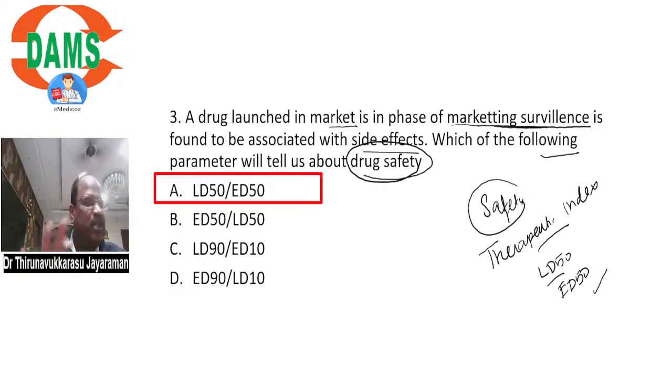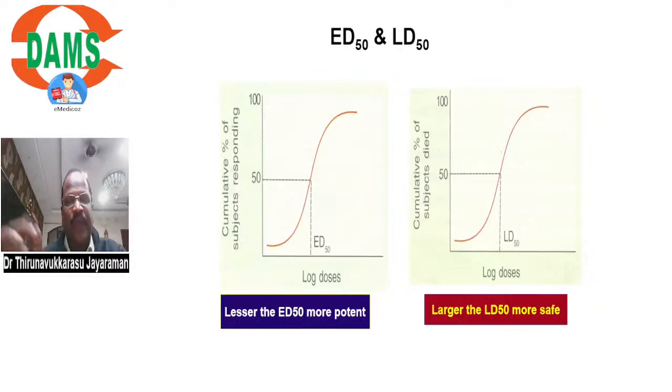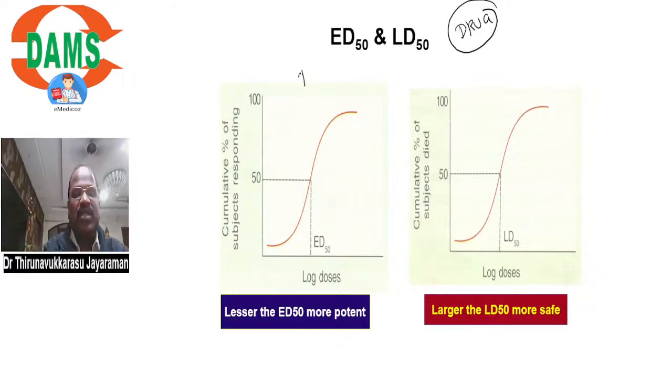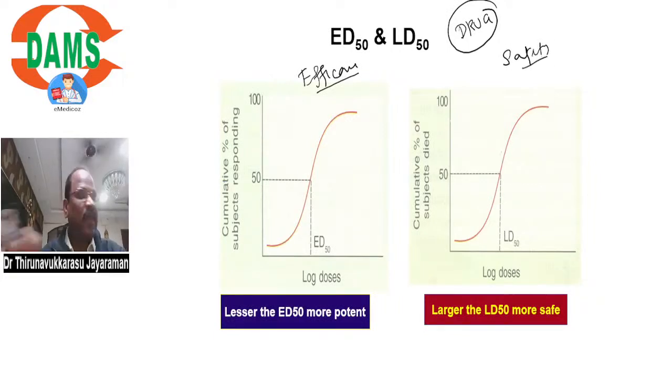Now just to revise this area, look, normally when you want to produce a new drug, for safety purposes, we do two studies. One is called efficacy study. One more thing called safety study. In efficacy, we do a log dose response curve, but the height is called efficacy.